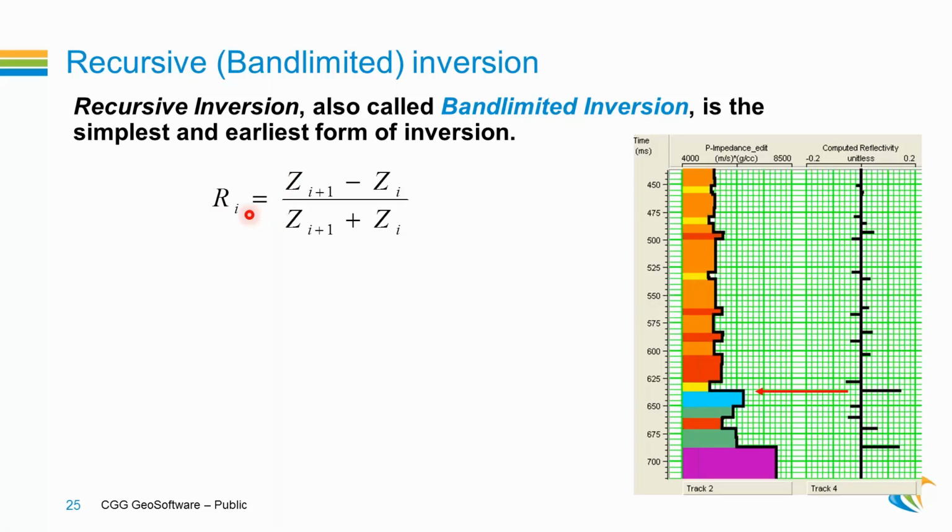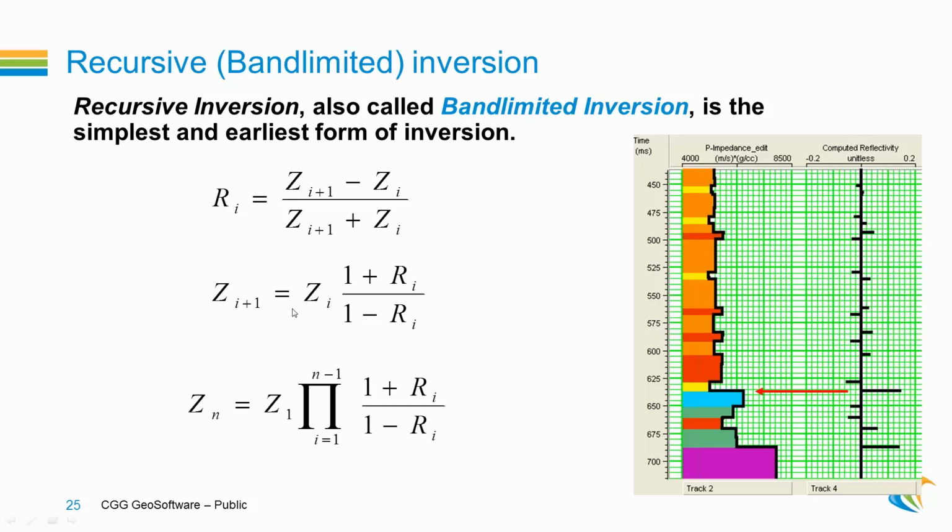So if we somehow calculate the reflectivity out of seismic data by removing the wavelet, we can calculate the acoustic impedance for each layer using some algebraic calculations, using the acoustic impedance of the previous layer, or in general terms using this formula. So it shows that we can calculate acoustic impedance using the acoustic impedance of the initial layer or the layer before.